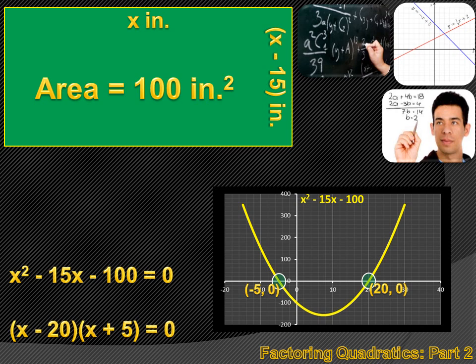And those are our solutions, 20 and minus 5. Now, we call those two solutions the zeros or the roots of the polynomial x squared minus 15x minus 100.